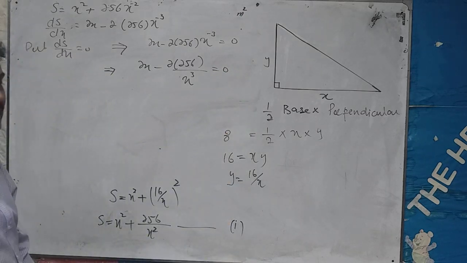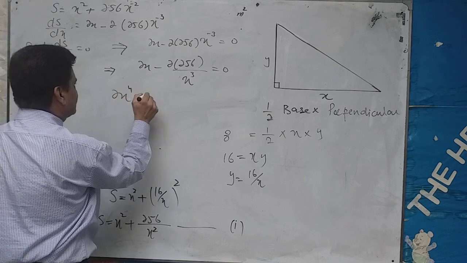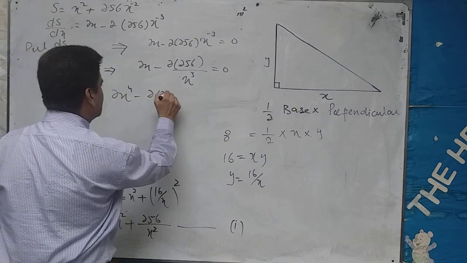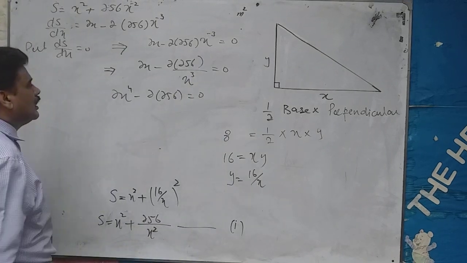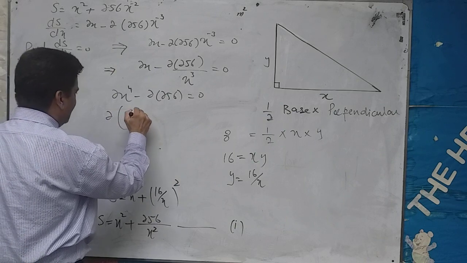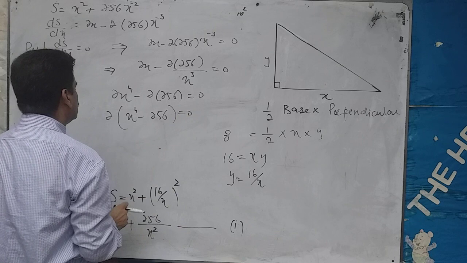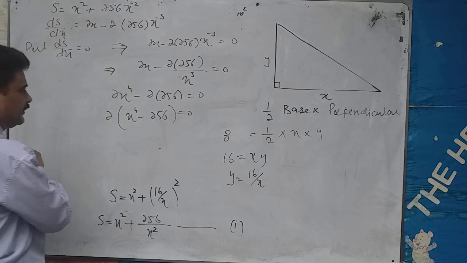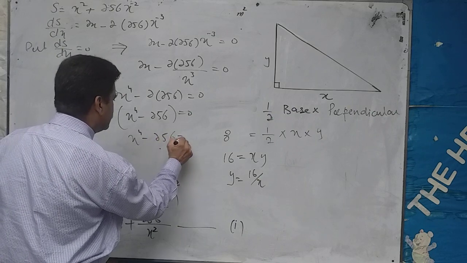After multiplying by x cube we get 2x raised power 4 minus 2 multiply 256 equal to 0. By taking 2 common, we get x raised power 4 minus 256 equal to 0.